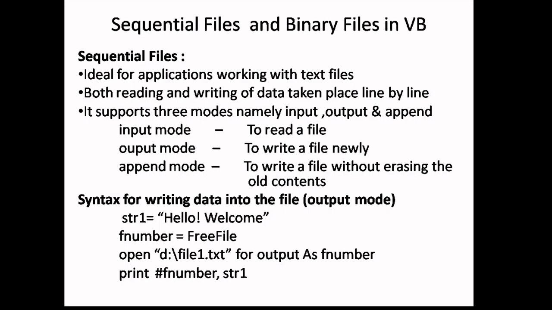Which mode will it use? Output mode, As fnumber. This is the standard syntax we have to follow. fnumber is the number that is already assigned by using the FreeFile method. So that is the standard statement we have to use to create a file, file1.txt.